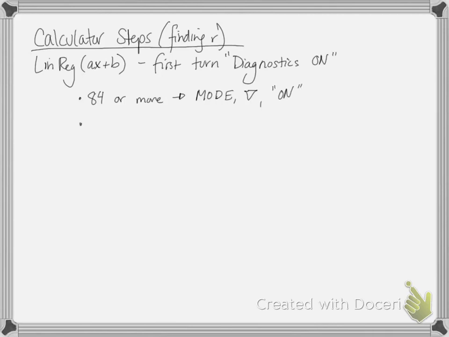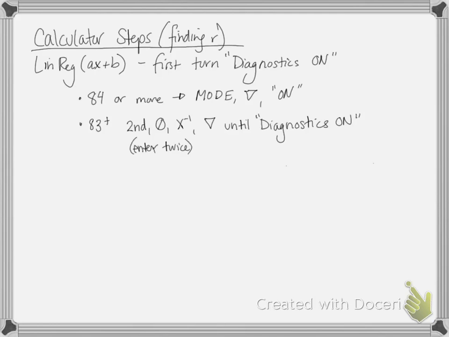But if you have an 83 Plus, then you need to follow these steps. Second, the number 0, hit the X to the -1 key, and then arrow down until you find diagnostics on, and then hit enter twice.